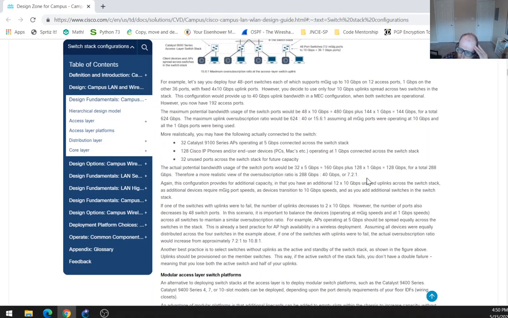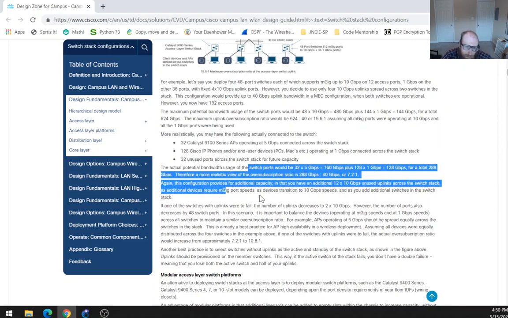So that means that it is possible that your uplink will receive 7.2 times more traffic than it'll be able to process. But it's unlikely that will ever occur, because things aren't going to be maxed out all the time.